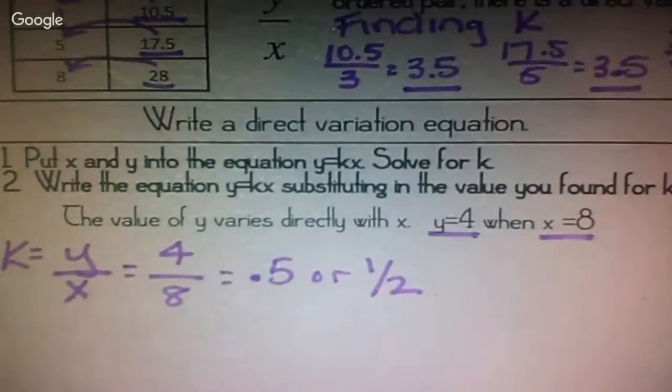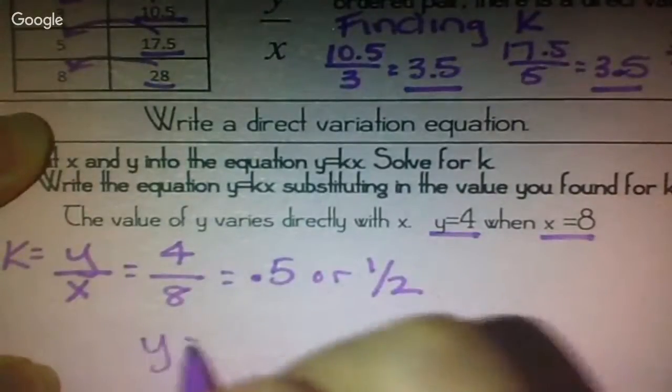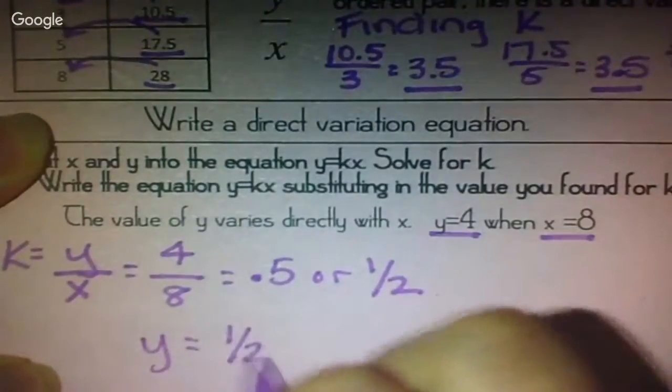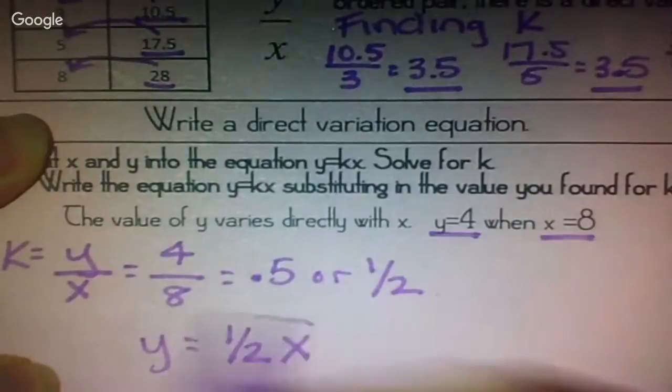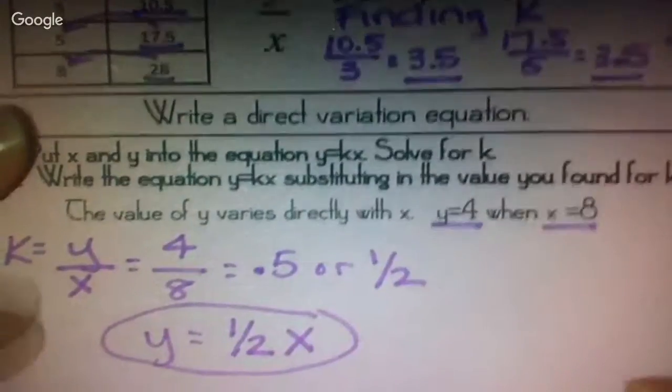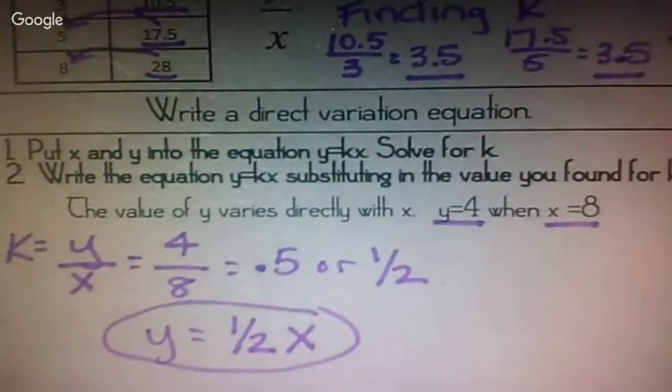And now we substitute in our value for K to actually get our equation. So y equals 1/2 x. That's it. So now I should be able to tell you x is 2.